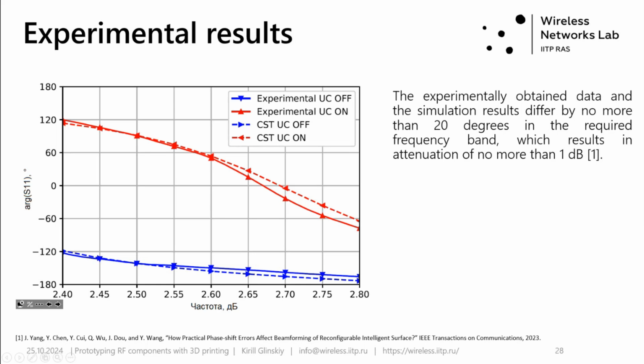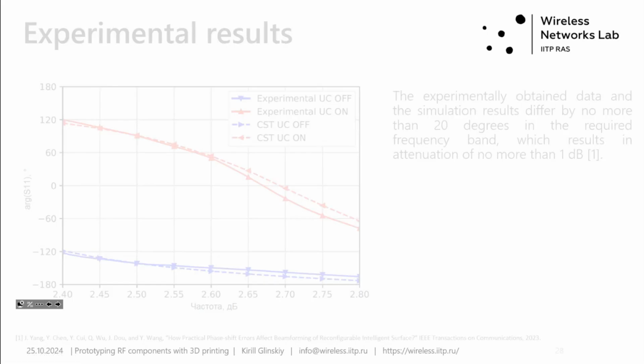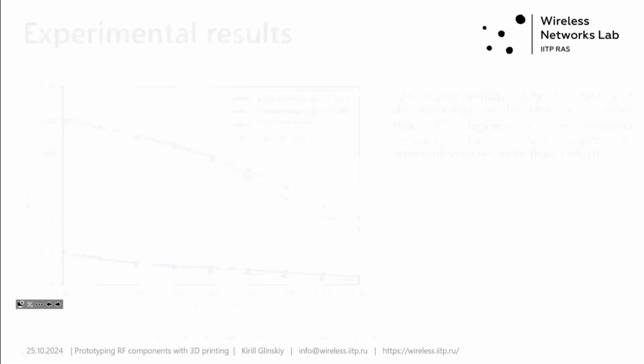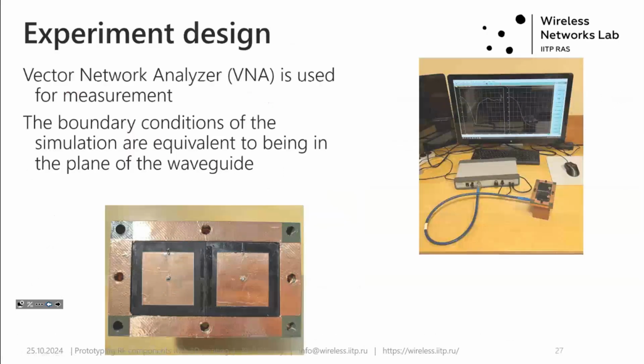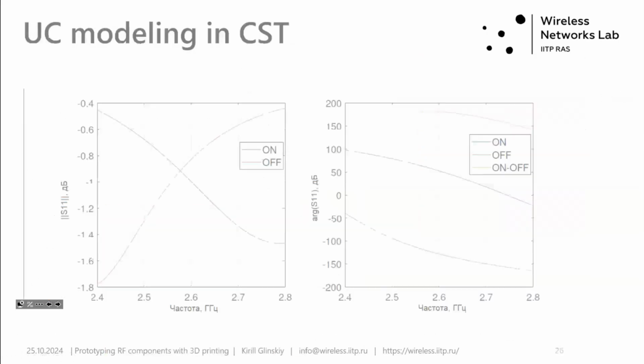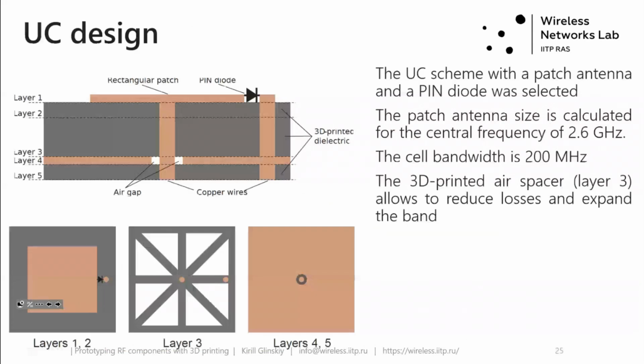Well, in fact, if we compare it to similarly priced or similarly easy to obtain materials, then this combined air plus polymer spacer is in fact much better in terms of radio frequency losses than just the plain PCB material.